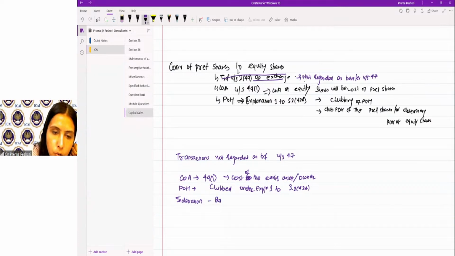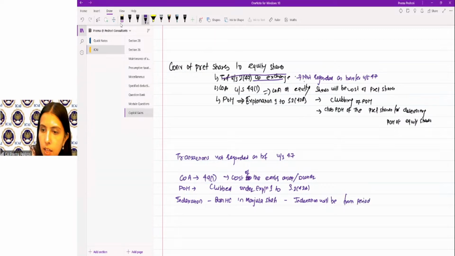There is a Bombay High Court ruling in Manjula Shah, wherein it was held that indexation will be from the period the asset was held by the previous owner.